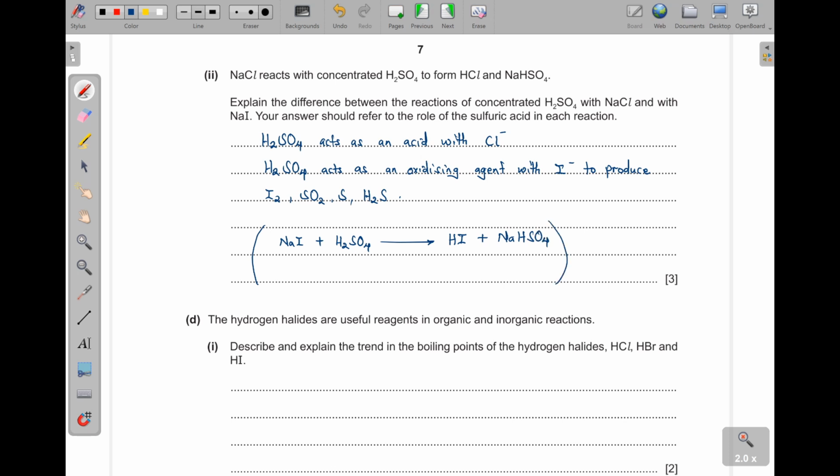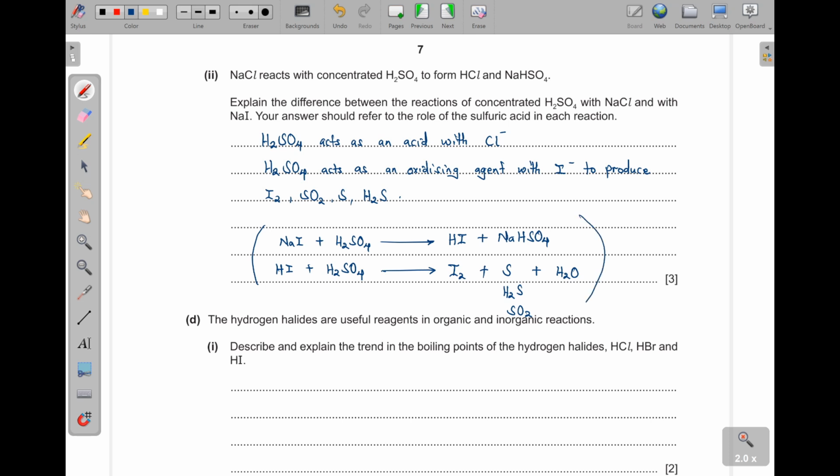But this one here easily breaks down. So we shall have hydrogen iodide, plus the sulfuric acid. So this one is now a stronger oxidizing agent compared to this one. So we are going to have iodine here, plus we can have sulfur, we can have hydrogen sulfide, we can have sulfur dioxide, plus water, for all of them.